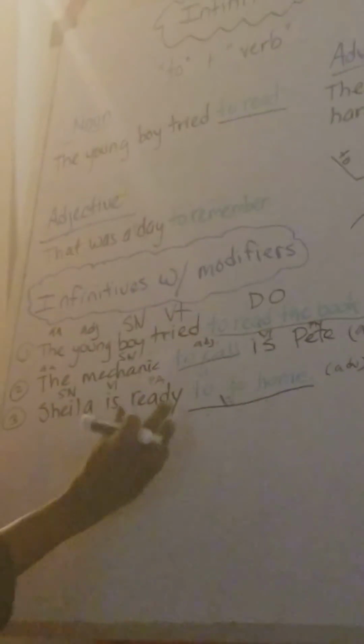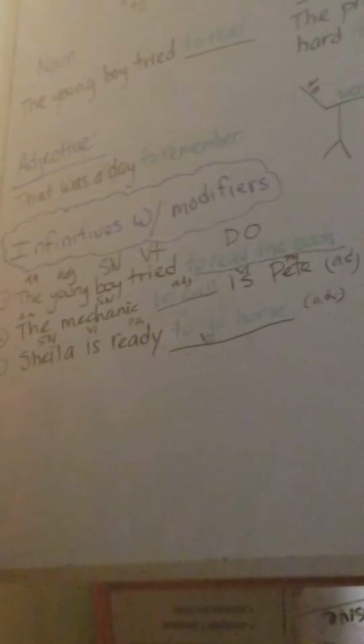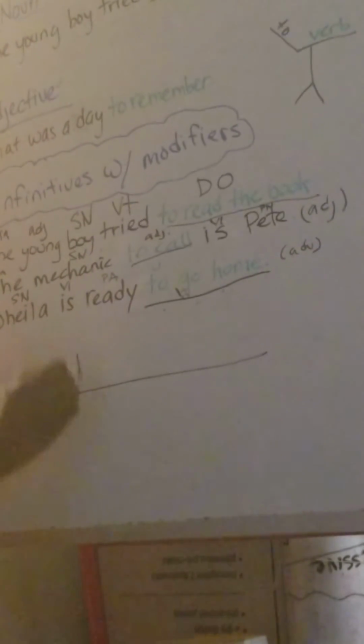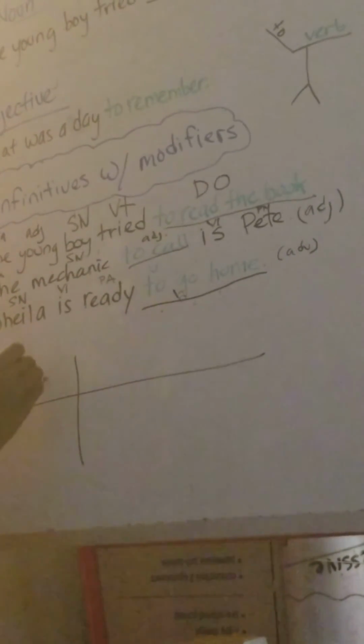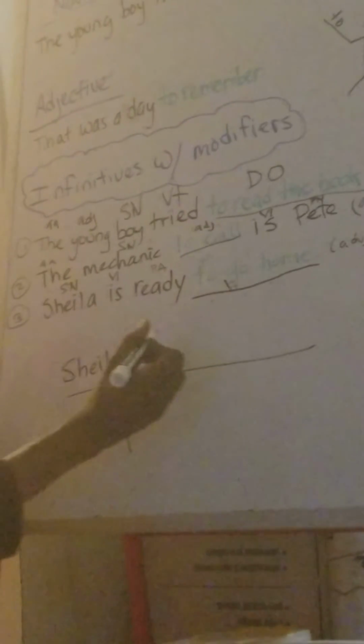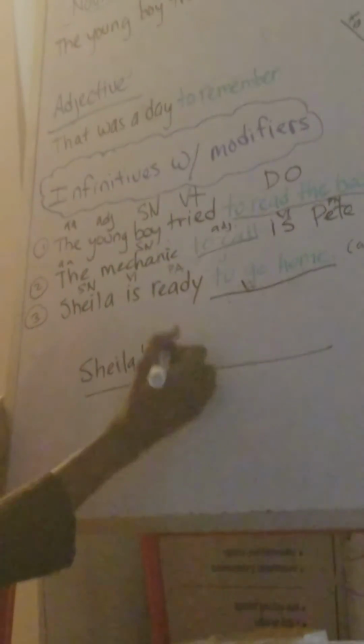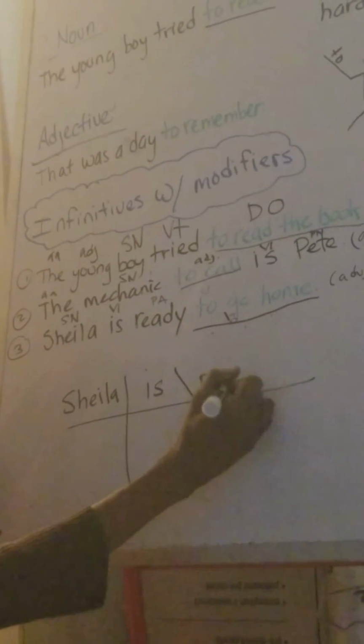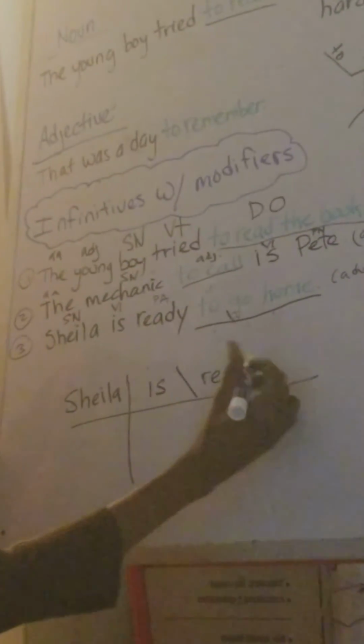So now, to go home describes ready. If ready is an adjective, what is the definition of an adverb? Adverbs modify verbs, adjectives, or other adverbs. So to go home has its own modifier. Home would be a direct object. So let's diagram that. Sheila goes in our subject. Is goes in our verb. Ready is our predicate adjective.